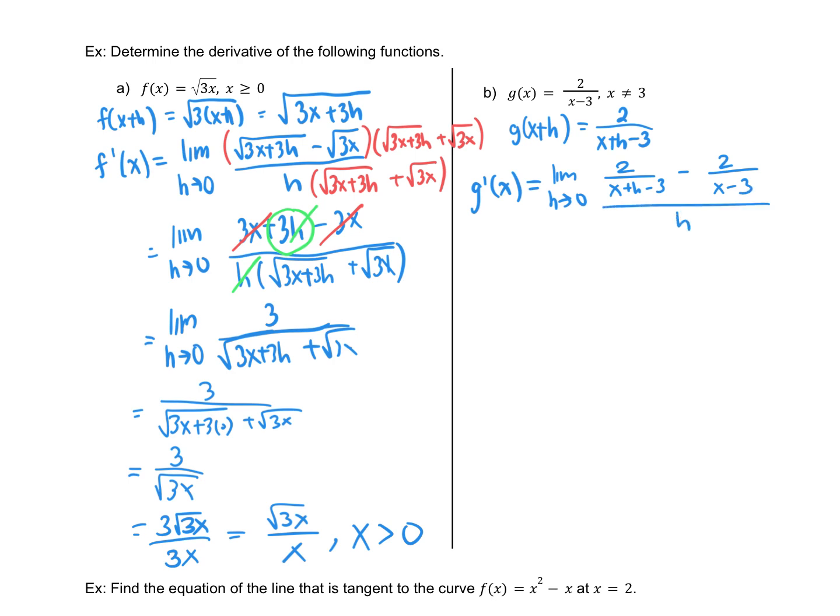So I see this fraction within a fraction, which is making me think of a common denominator. So I'm going to multiply this first fraction by x minus 3 and the second one by x plus h minus 3. So we have the limit as h approaches 0.